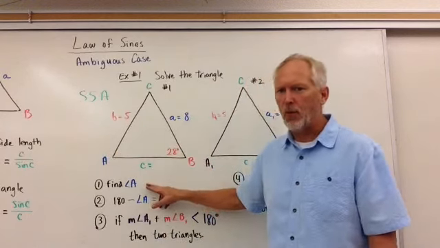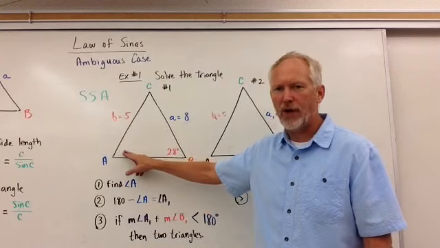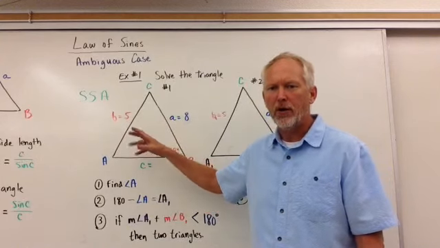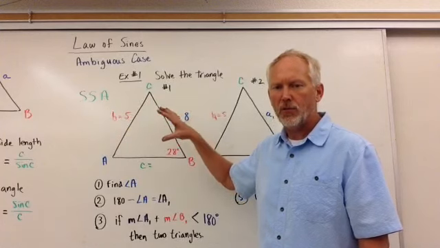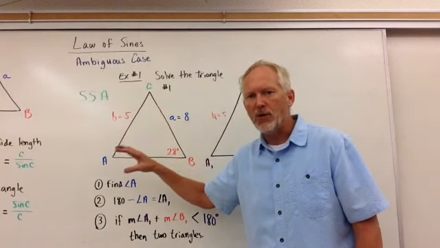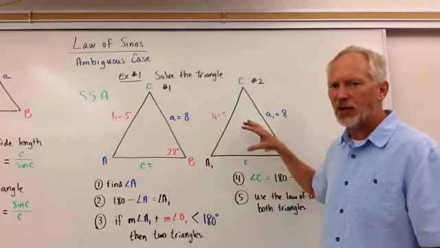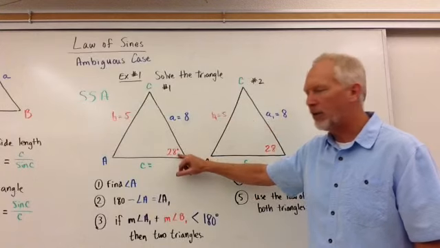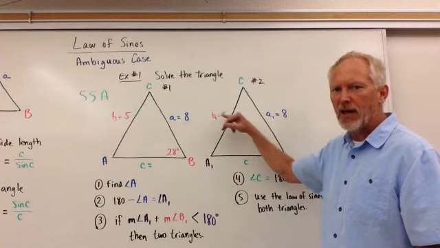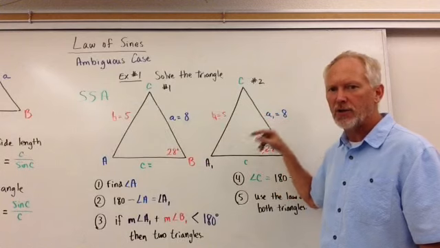Again, here are some steps. Step 1, we want to find the measure of angle A, just as we normally would, for the triangle that we have. What I always like to do is draw a second triangle. We have to label it exactly the same. We can't go and change parts.